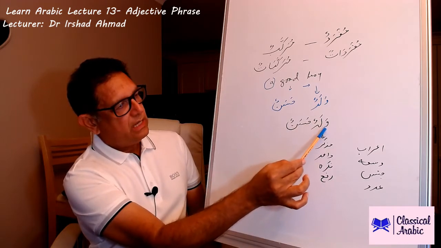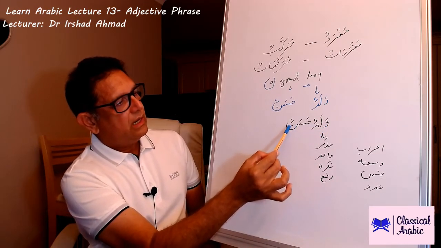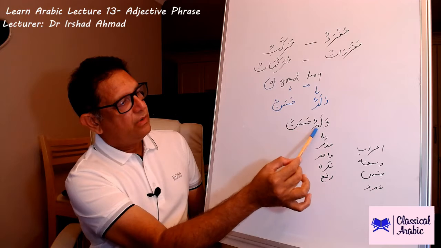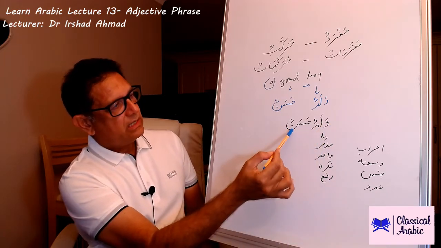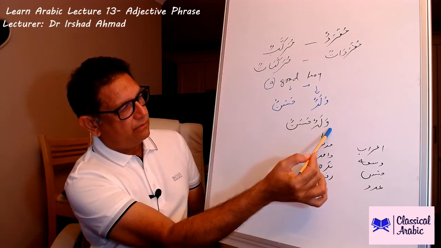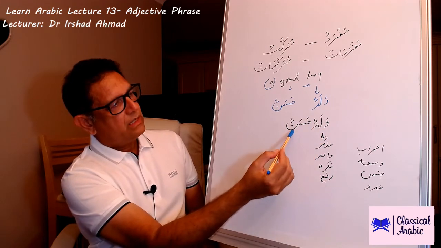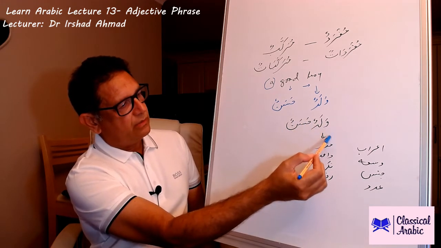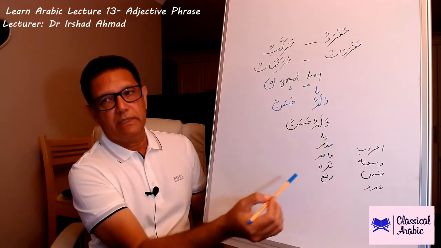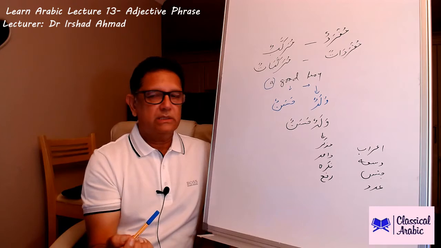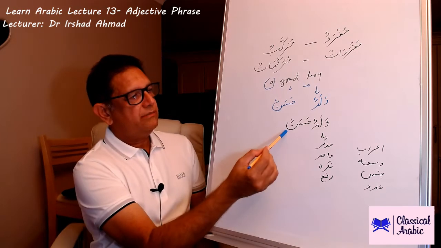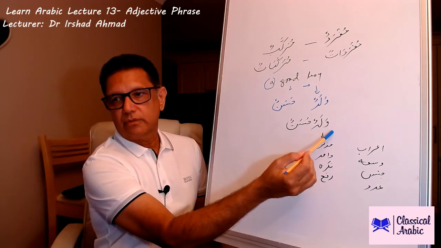And here waladun hasanun, hasanun is following waladun in all these four aspects. Hasanun tallies with waladun. Hasanun agrees with waladun in all these four aspects, and this is very important as far as the murakkab tawsifi is concerned, because the sifa simply has to follow mawsoof.